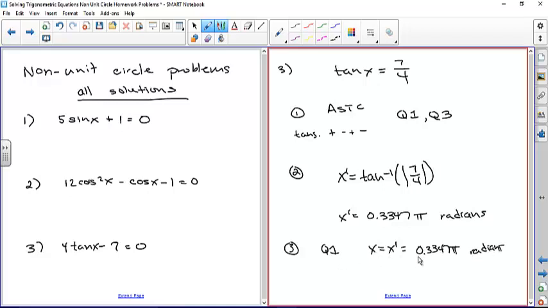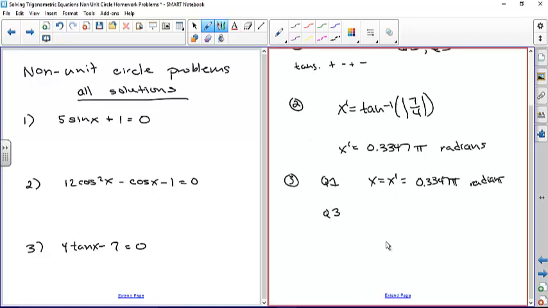Now I could just use the first quadrant solution and add n pi, or I can find the third quadrant solution so that I'm consistent. I use the same process. So the third quadrant solution is you take pi plus the reference angle. So you get 1 pi plus 0.3347 pi, so you get 1.3347 pi radians. So that's my third quadrant solution.